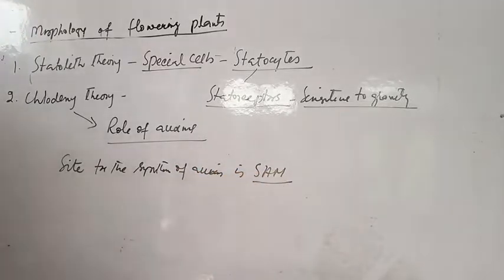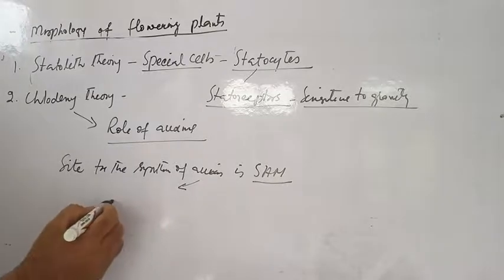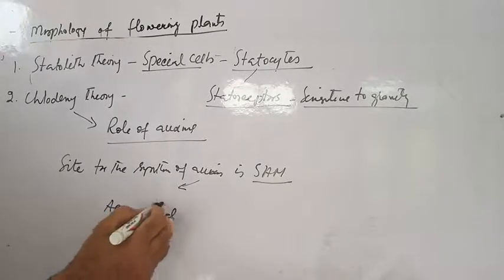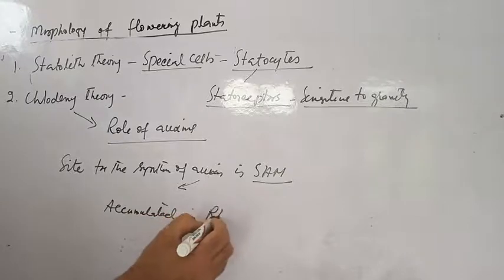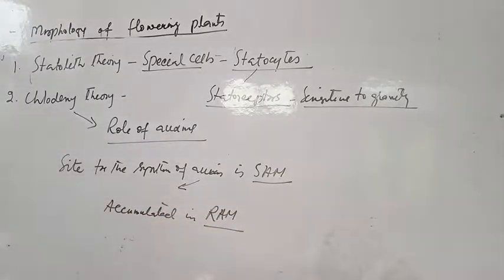That is shoot apical meristem, and these auxins later on get accumulated in RAM, that is root apical meristem.